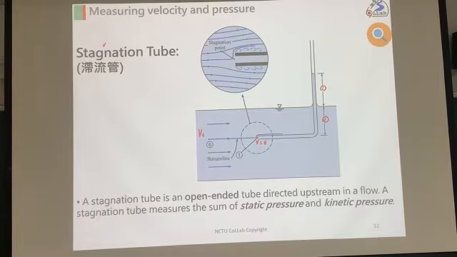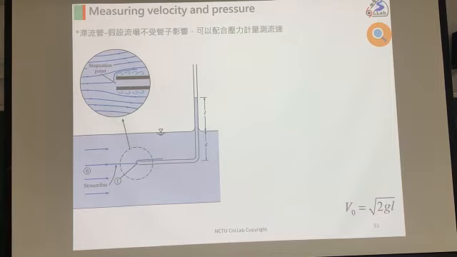That means if we have the liquid height, can we answer how large the flow velocity is along the streamlines? So we would like to answer V0.